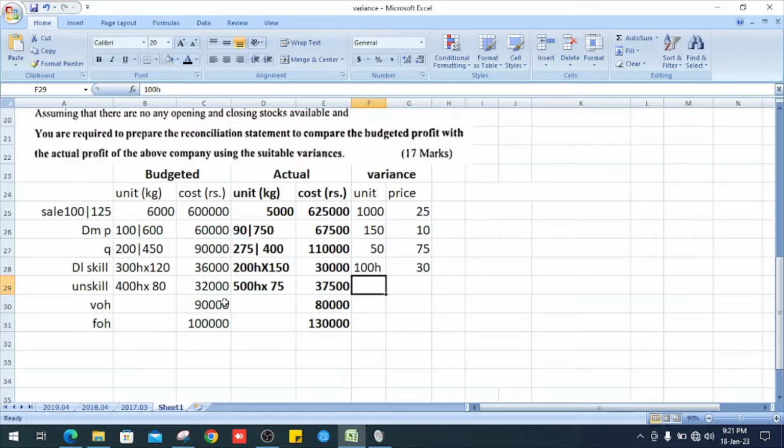The unskilled rate is budgeted 80 but actually 75, a difference of 5. Variable overhead is budgeted 90,000 and actually 80,000, a difference of 10,000. Fixed overhead is budgeted 100,000 and actually 130,000.